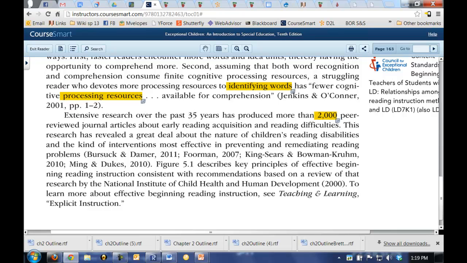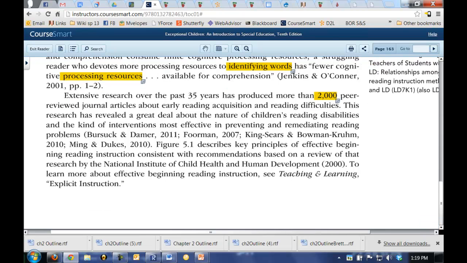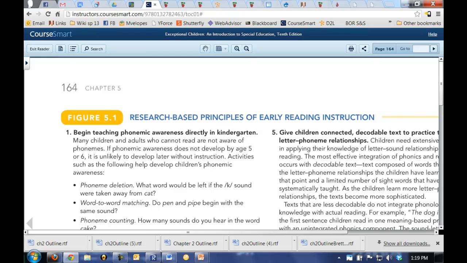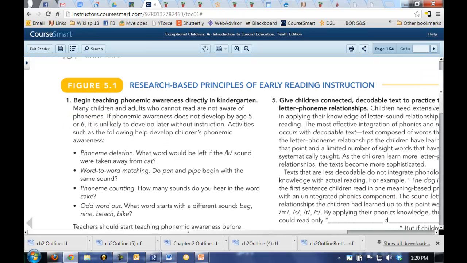And remember that some of this came into the mainstream instruction, what they found worked well with kids with learning disabilities. Figure 5.1 describes key principles of effective beginning reading instruction consistent with recommendations based on a review of that reading group. To learn more about effective beginning reading instruction, see Teaching Reading: Explicit Instruction. And that is probably the most widely accepted one. This is their thing here in 5.1.